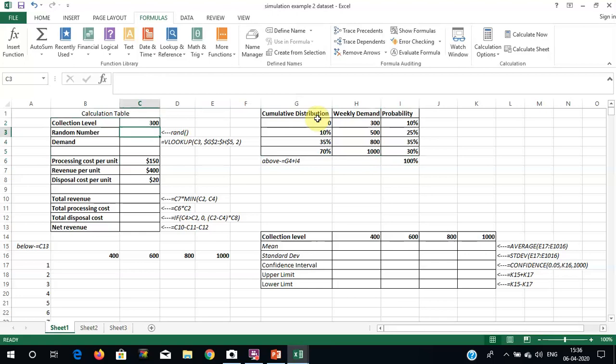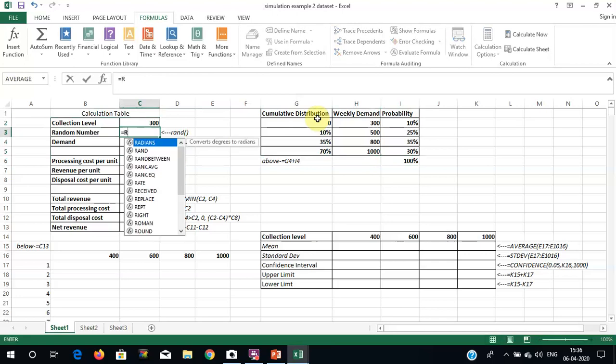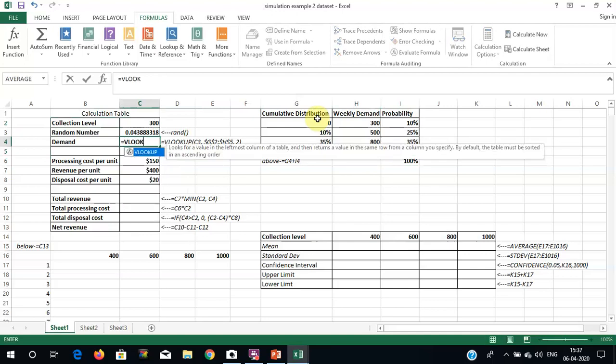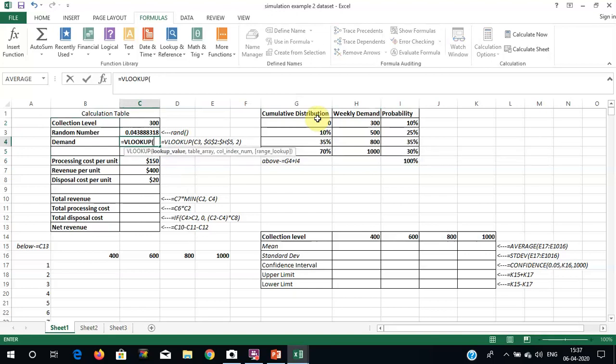We want to generate a random number here, and I look at this random number. Then I select this table and I select the second column.